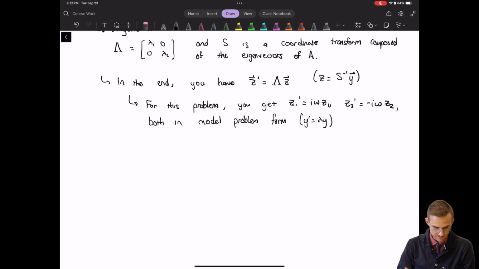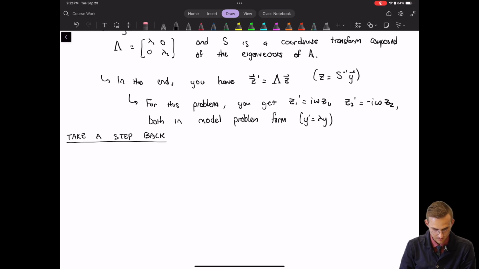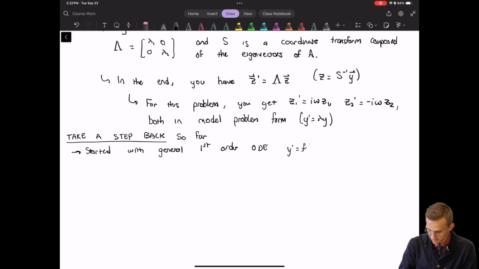All right, so let's take a step back for a moment, since we just strayed into a more complicated region there. So far, we started with a general first order ODE, which is just y prime is equal to f of y and t.